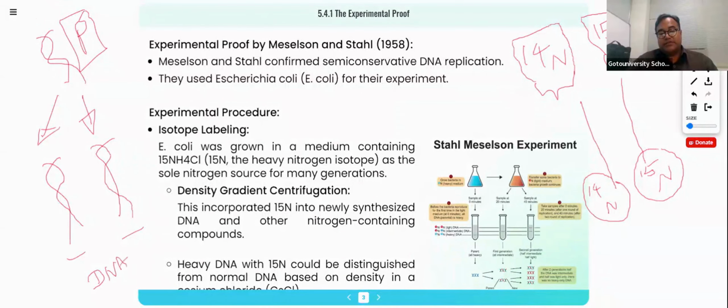This is the message we need to understand when we are discussing the Matthew Meselson and Franklin Stahl experiment. But here we give only Meselson and Stahl, enough.